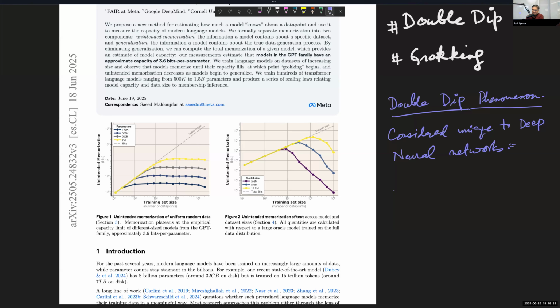So what it means is that, see, if you look at the test loss of the model, and you look at the number of parameters, or how complex the model is, which is the proxy for model complexity.